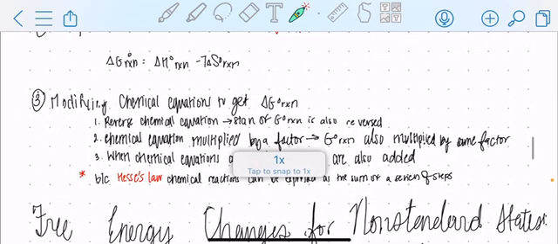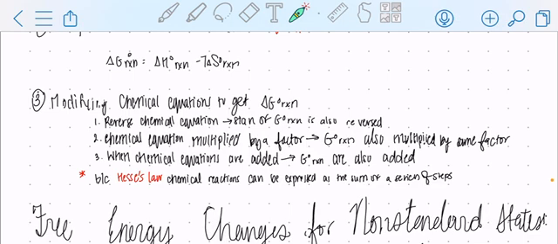The last way to do it is by modifying chemical equations to get the change in the standard free energy. We can do this because of Hess's law, which says that chemical reactions can be expressed as a sum of a series of steps, meaning that you can add chemical reactions and in the end get a final chemical reaction.